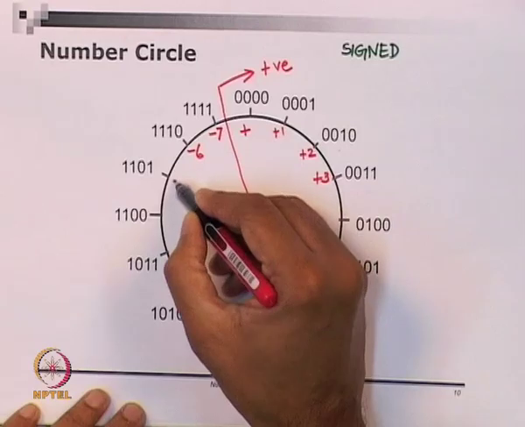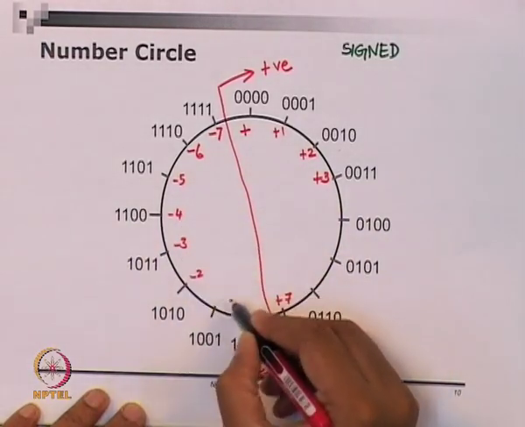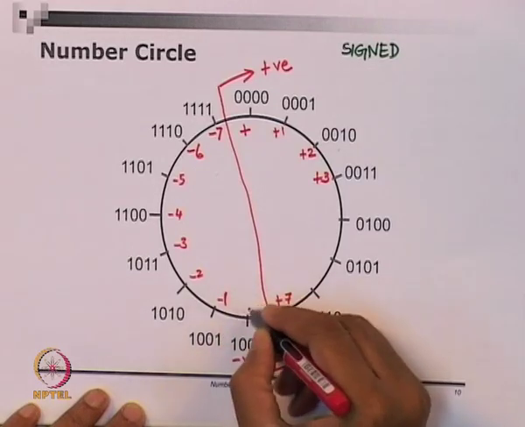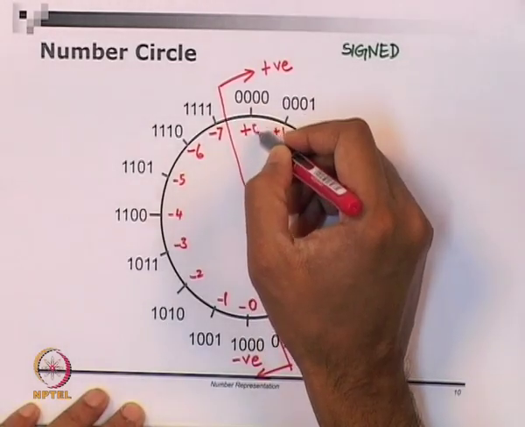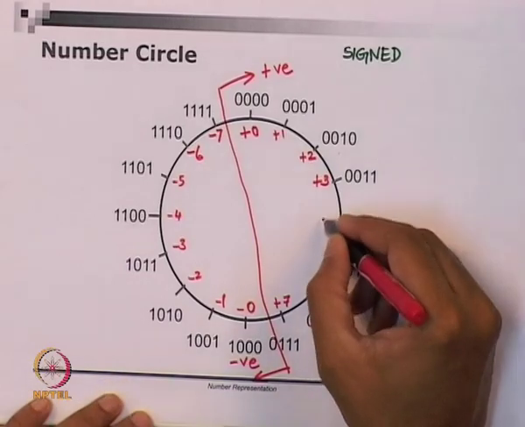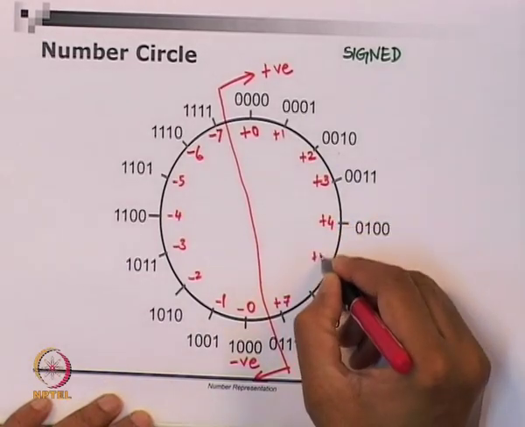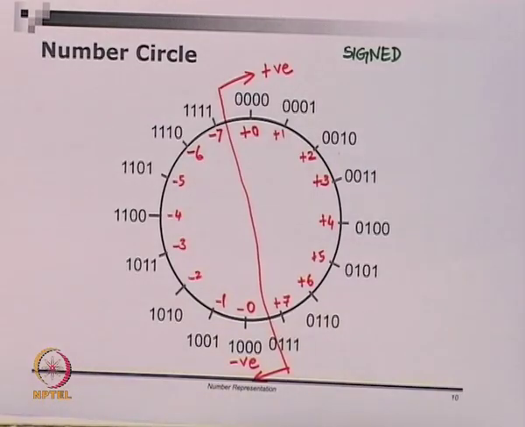This is minus 6, minus 5, minus 4, minus 3, minus 2, minus 1, and I already mentioned that we also have a negative 0 as well as a positive 0. So this is a positive 0 and this is a negative 0. So let me finish this. This is the signed representation or signed magnitude representation or interpretation of the numbers.